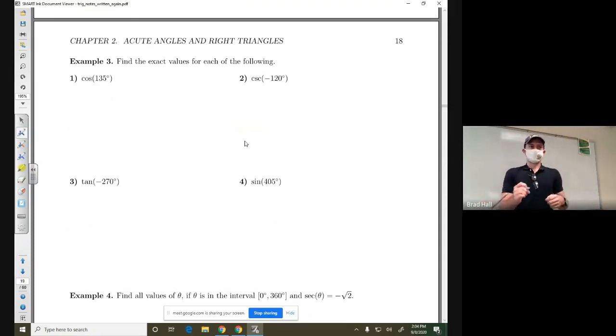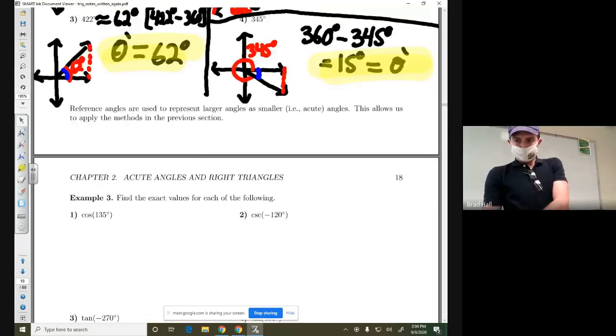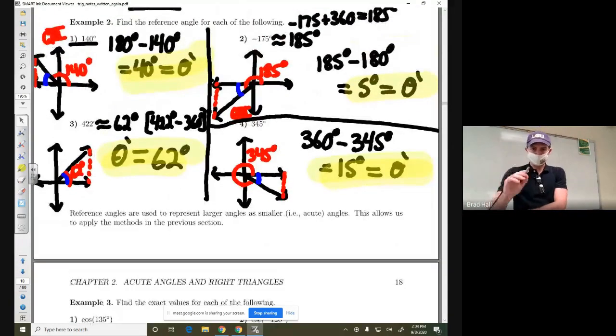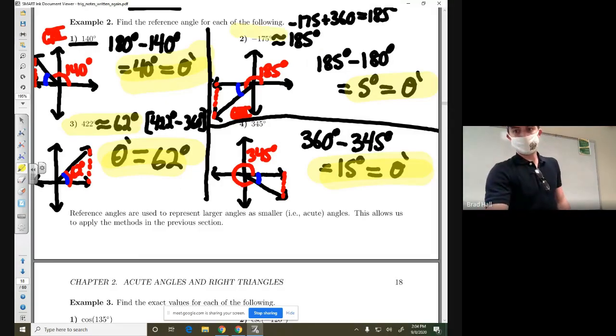Before, what we did was we asked, is the degree value a positive number that's less than 360? Remember what we did before. We took some of these values and we used that approximation symbol. You may notice for number 3 here, we took 422 and we reduced it down to 62, or we took negative 175 and we reduced it to 185.